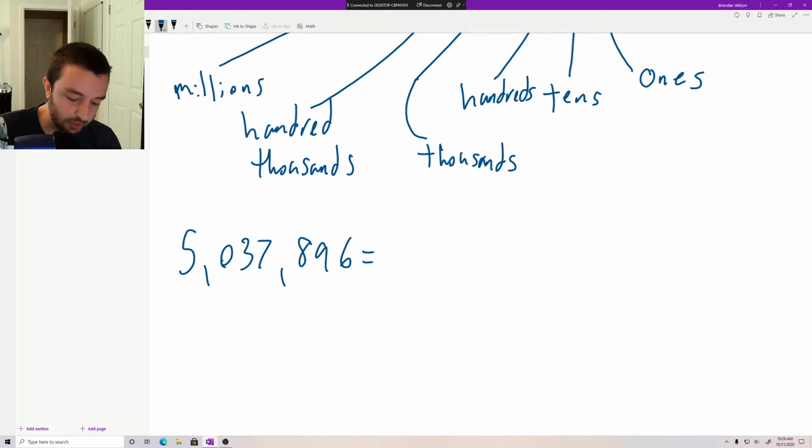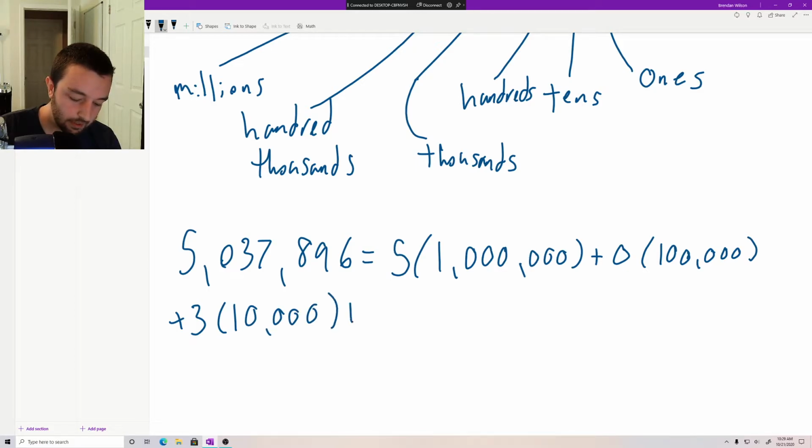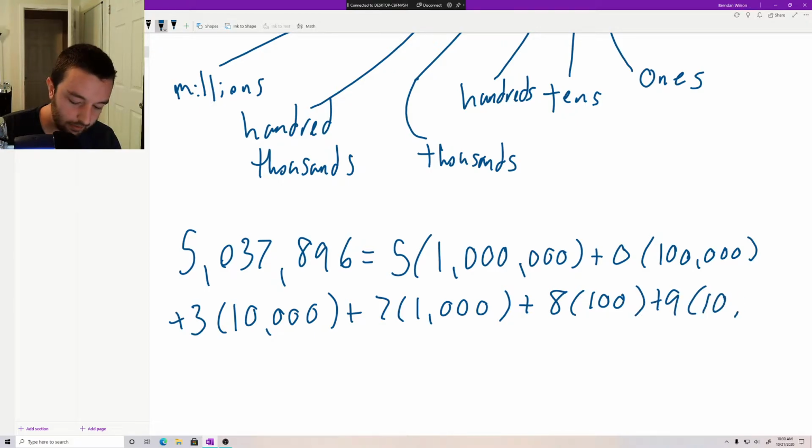But I don't know if we did any with numbers this big, but we can write this as 5 times 1 million plus 0 times 100,000 plus 3 times 10,000 plus 7 times 1,000 plus 8 times 100 plus 9 times 10 plus 6 times 1. Okay. So this is where they get their names from.